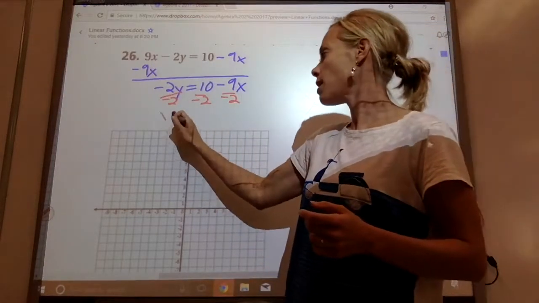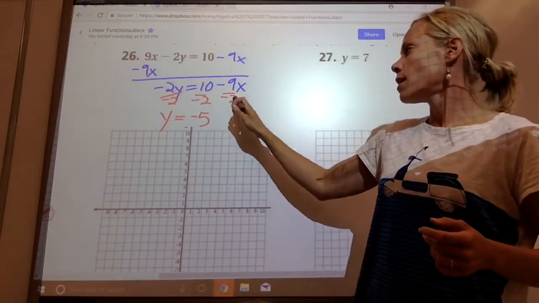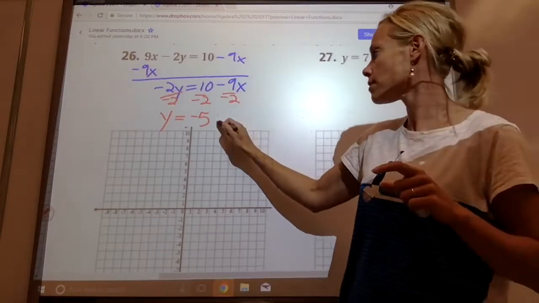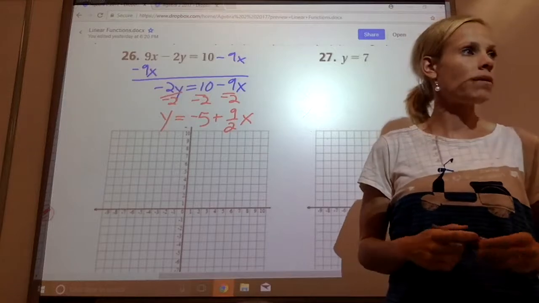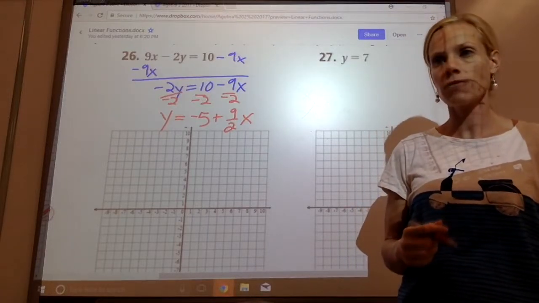Okay. Now I have y by itself. This is going to be -5. 9/2, that's going to become positive because 2 negatives make positive. And I would leave it 9/2. I wouldn't do 4.5 because that's my slope, and you want slope as a fraction because rise over run.